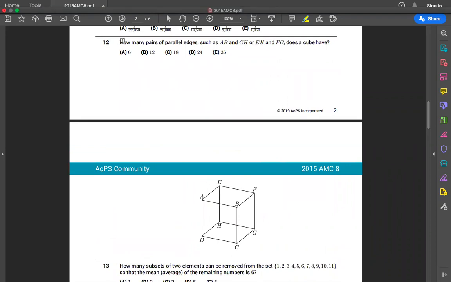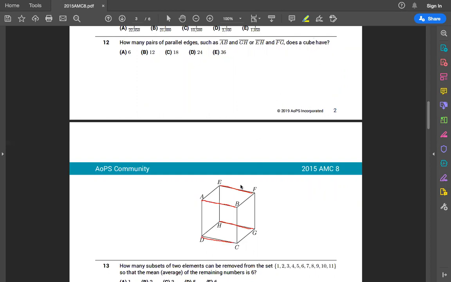All right, we want to know how many pairs of parallel edges a cube has. So we'll first look for which edges are parallel. You can see this one is obviously parallel to this one, and these two as well.